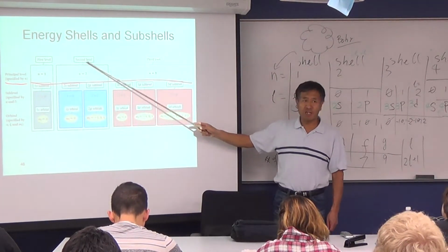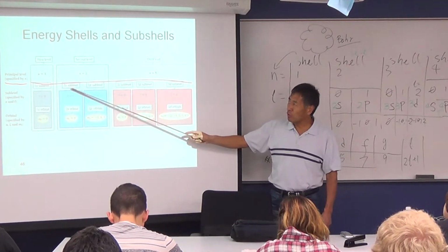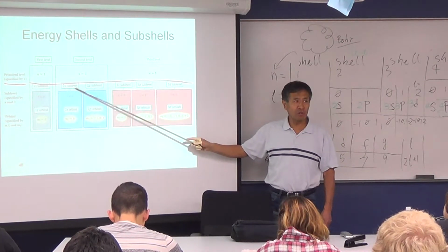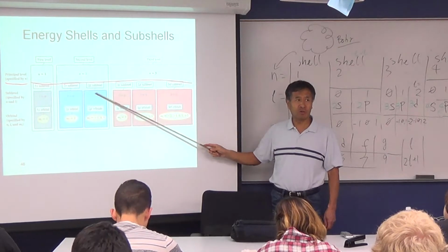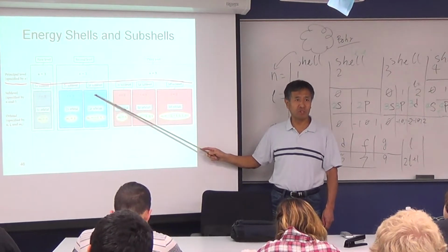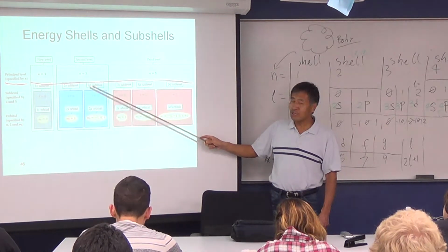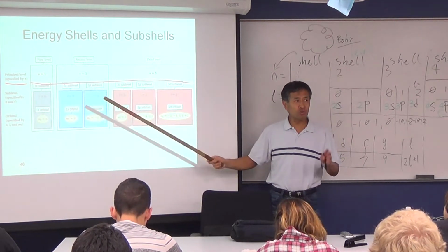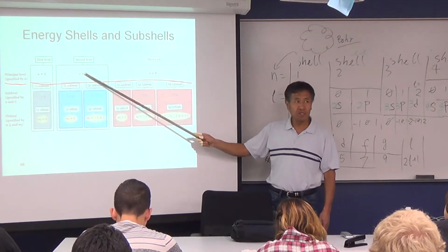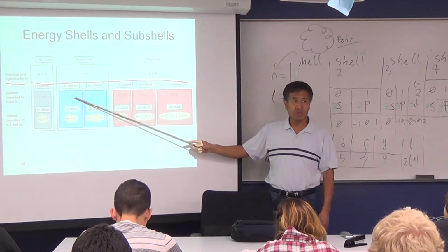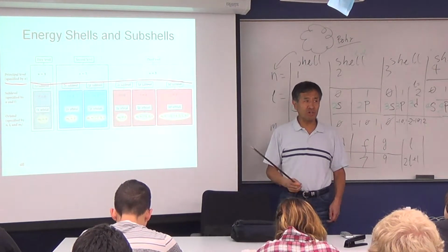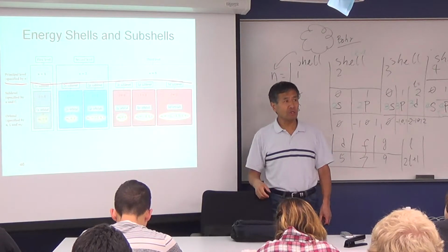And for this second level, you have 2s sublevel and 2p sublevels, so we have two sublevels. In order to get these two sublevels, you need two numbers, this n and also this l. But obviously this l you can figure out by yourself if you remember that formula.